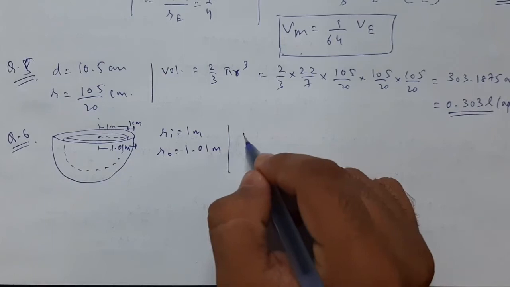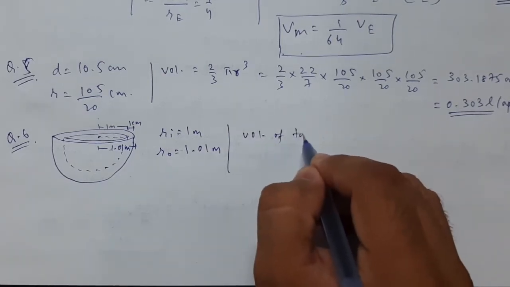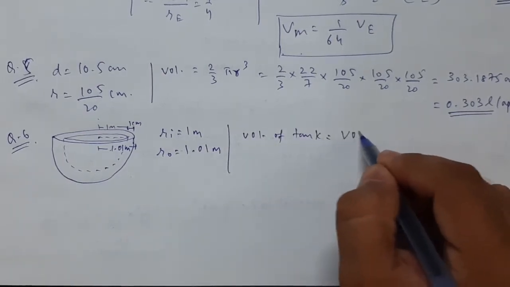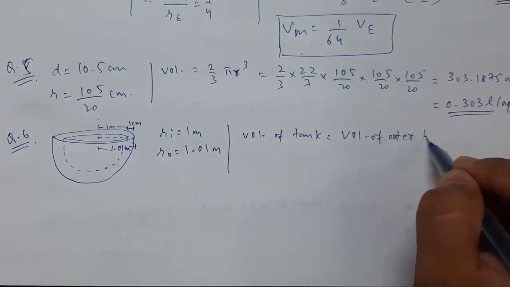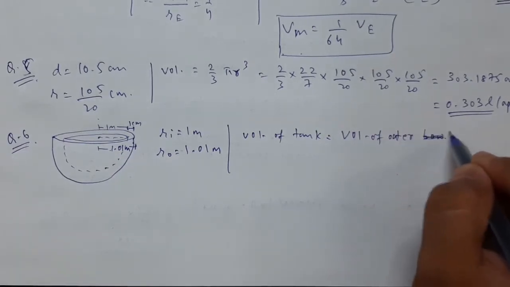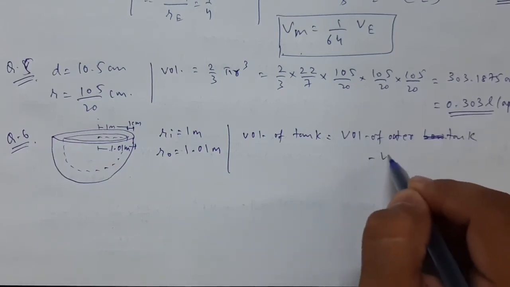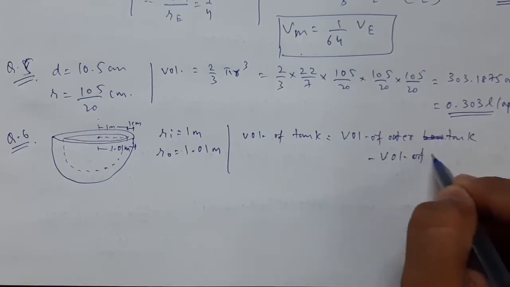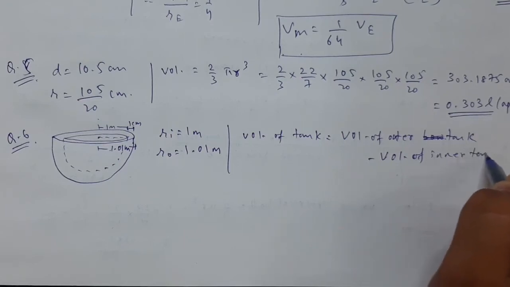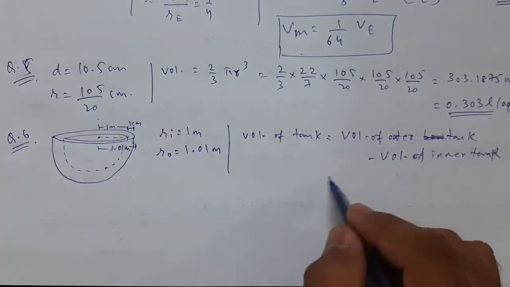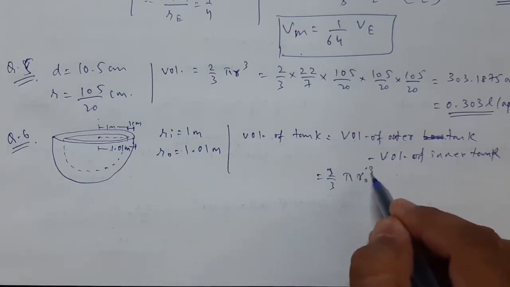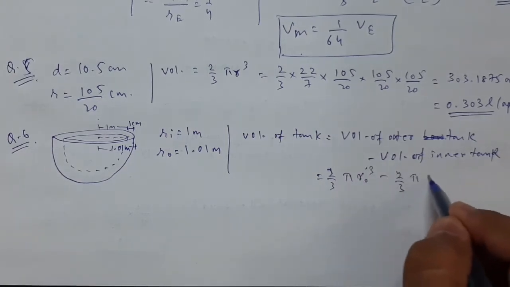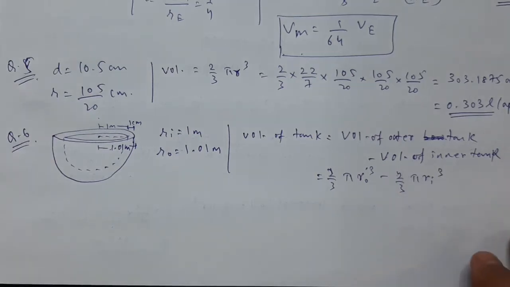So volume of tank is equal to volume of outer bowl or tank minus volume of inner tank, that is equal to 2 by 3 pi RO cube minus 2 by 3 pi RI cube.